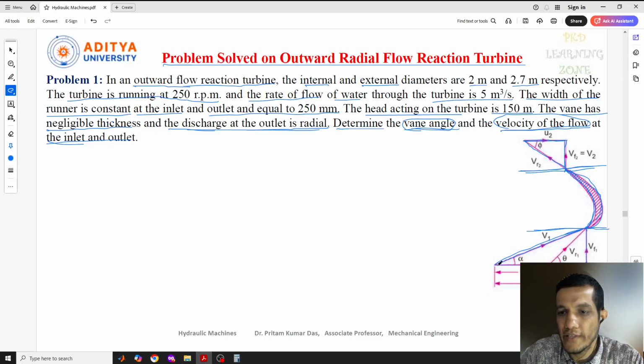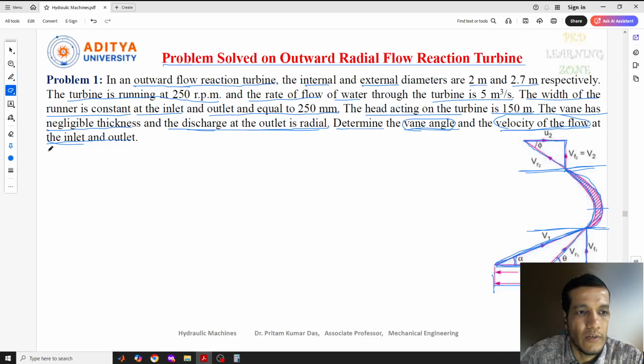Now the fluid is entering suppose here with an angle of alpha with respect to the motion of the blade, that is alpha, and this is our relative velocity, which makes an angle of theta with respect to the blade or movement of blade. And this is V1, VW1 is a component of V1, VF1 is a vertical component of V1. This is the horizontal component, and this is the outlet triangle.